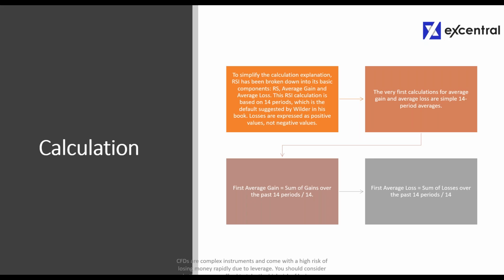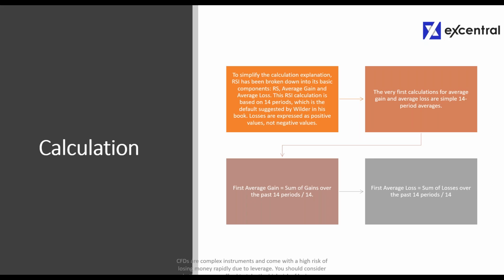To calculate RSI, you would go back over the 14 periods and take all of the periods that had gains, that closed higher than they opened, take the sum of those gains and divide it by 14. You'd also take all of the periods that it lost and divide that by 14.